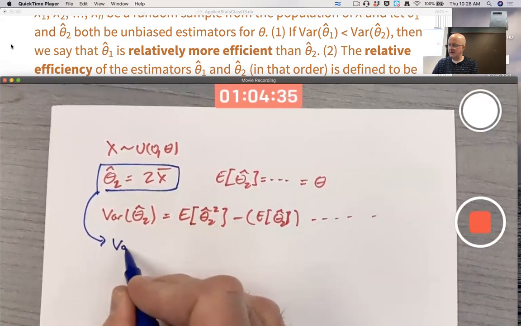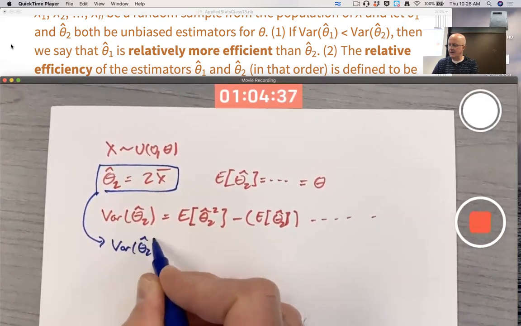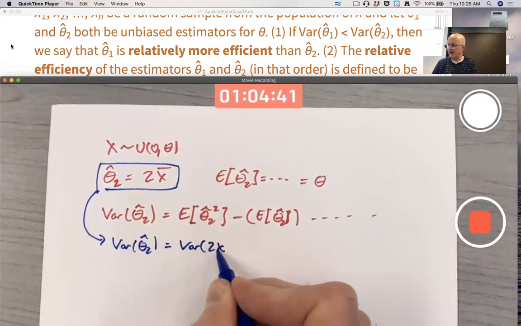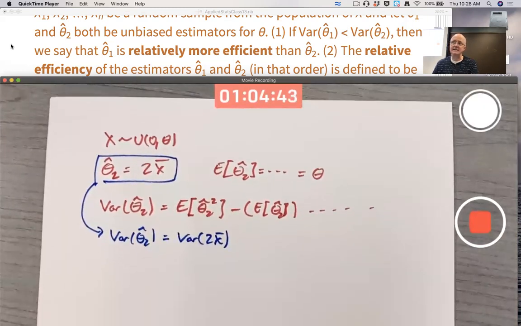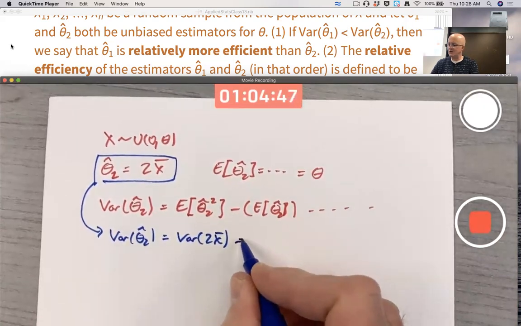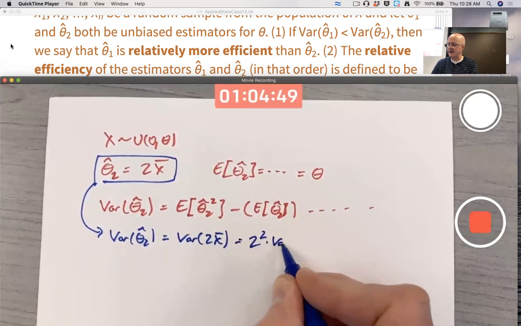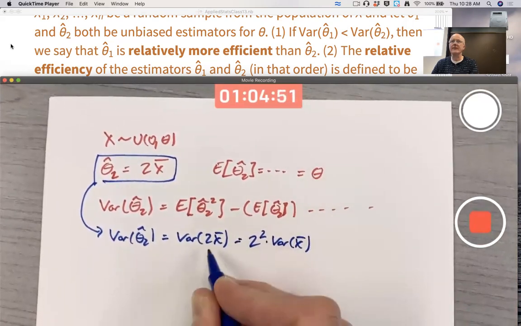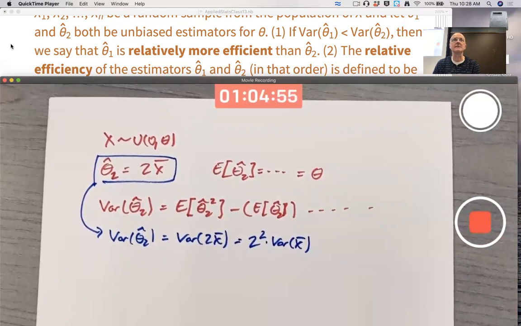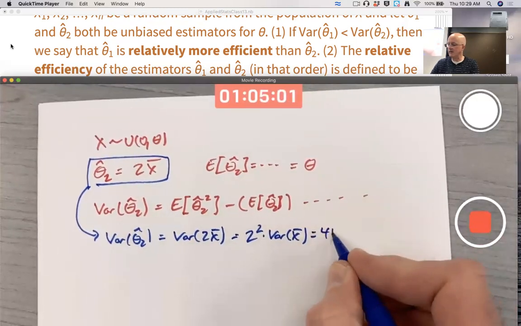The variance of theta 2 hat is the variance of 2 times x bar, and by properties of variances, that's 2 squared times the variance of x bar, right? Take the constant out front, but square it. In other words, it's 4 times the variance of x bar.